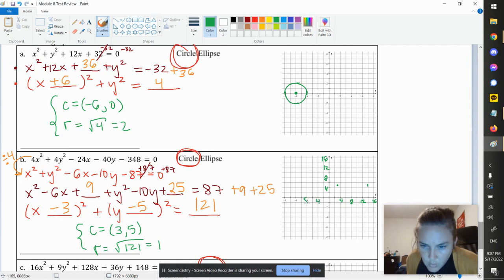We're saying this is 4, 8, 12. 5 plus 11 is 16, and 5 minus 11 is negative 6, here.